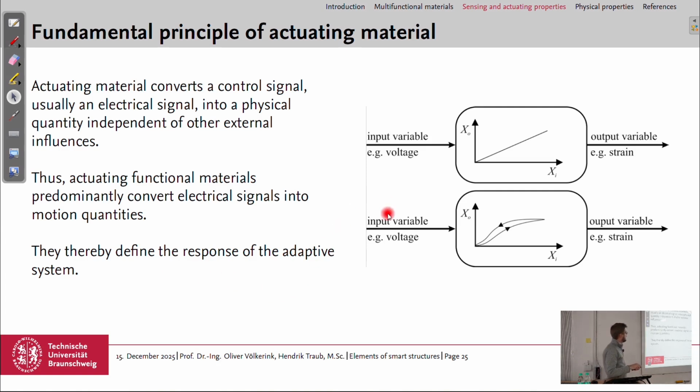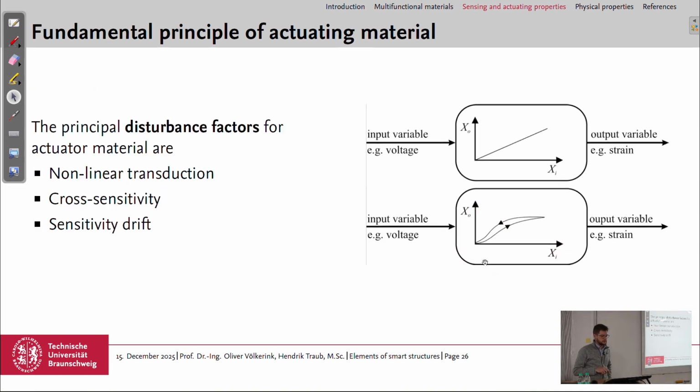So in here again, the input variable now is a voltage, and the output variable would be, for example, a strain. And this is the behavior we'd like to have. In reality, we have more a behavior like this with a hysteresis and some other effects. And again, we have a non-linear transduction, cross-sensitivity, and also sensitivity drift, which are all disturbance factors.